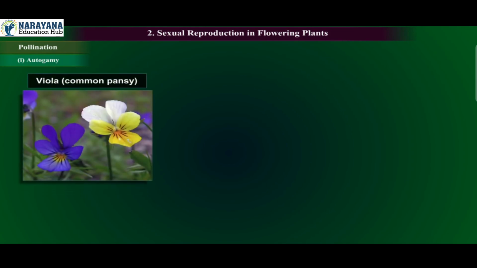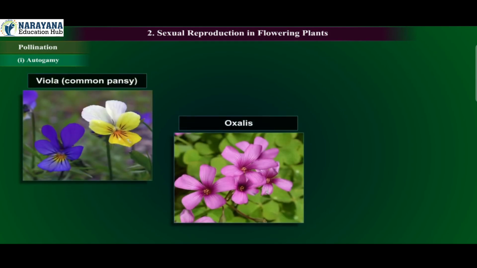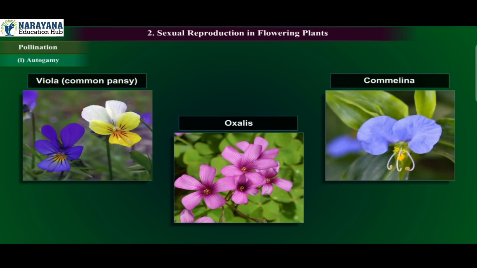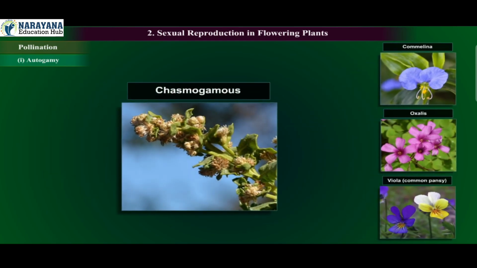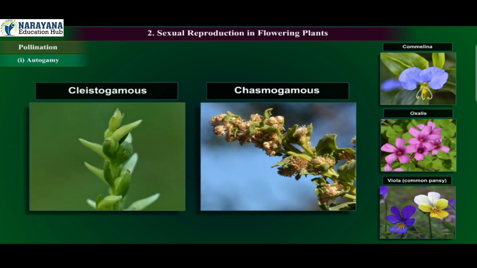Some plants such as Viola, that is, common pansy, Oxalis, and Commelina produce 2 types of flowers: chasmogamous flowers, which are similar to flowers of other species with exposed anthers and stigma, and cleistogamous flowers, which do not open at all. In such flowers, the anthers and stigma lie close to each other.